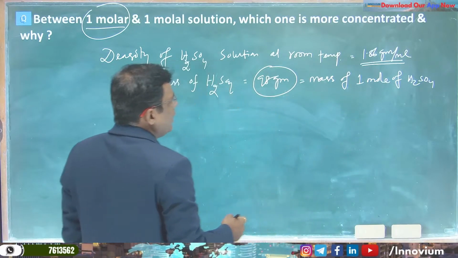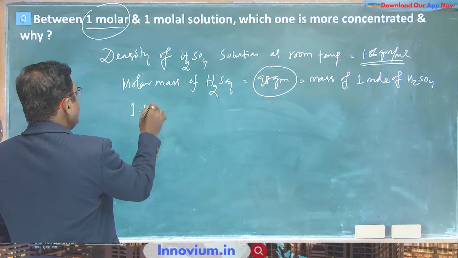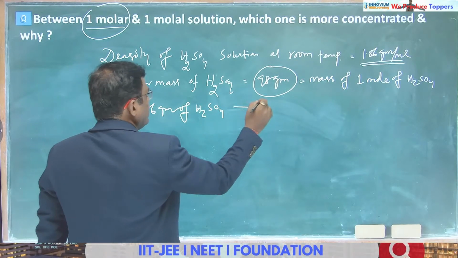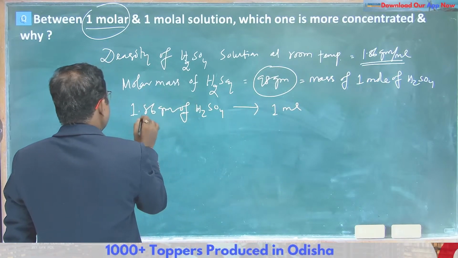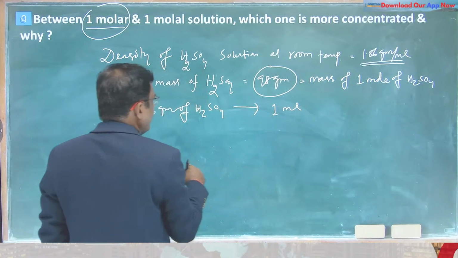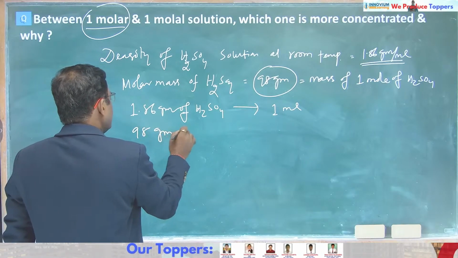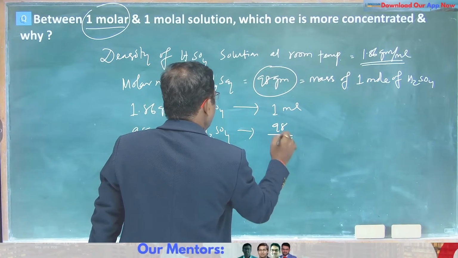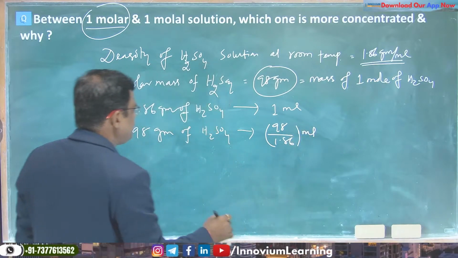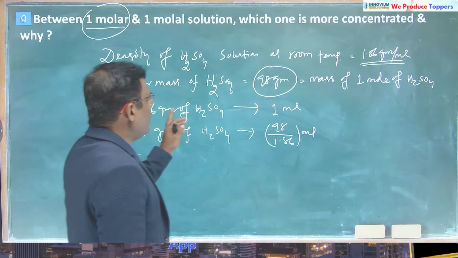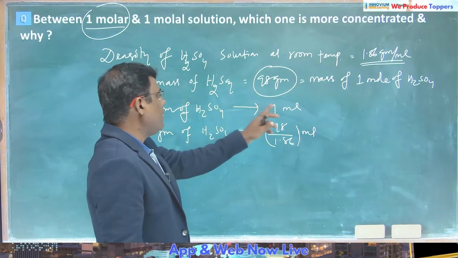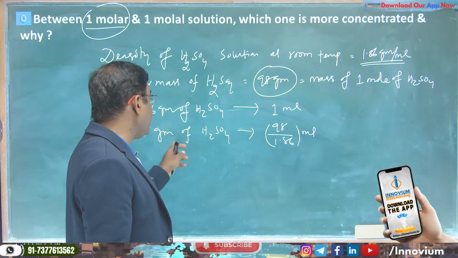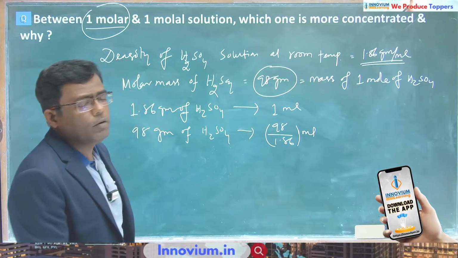Then 98 gram will have what volume? So you see 1.86 gram of H2SO4 has a volume of 1 ml. Then 1 gram will have a volume of 1 by 1.86 ml. Then 98 gram of H2SO4 will have 98 by 1.86 ml.